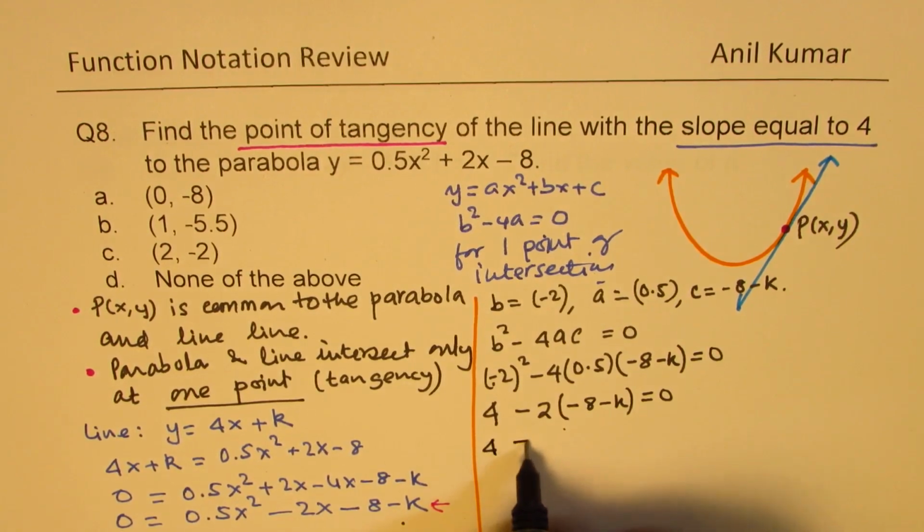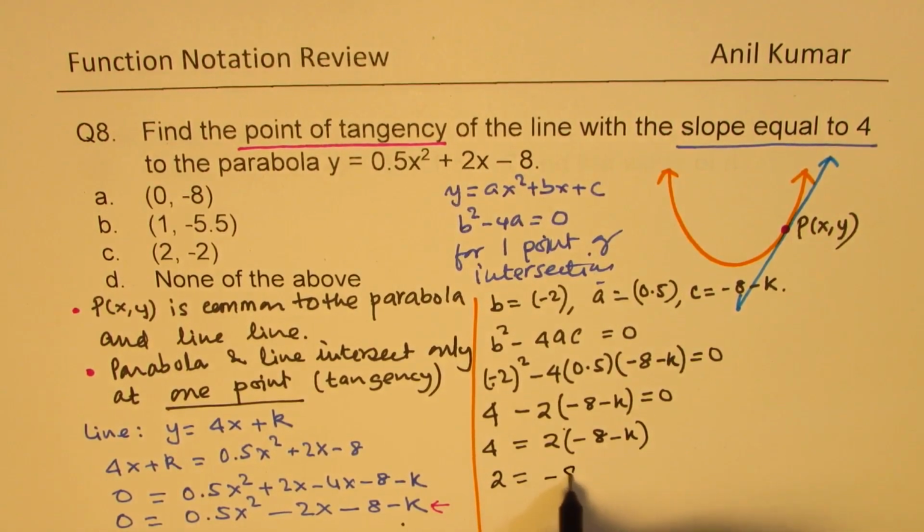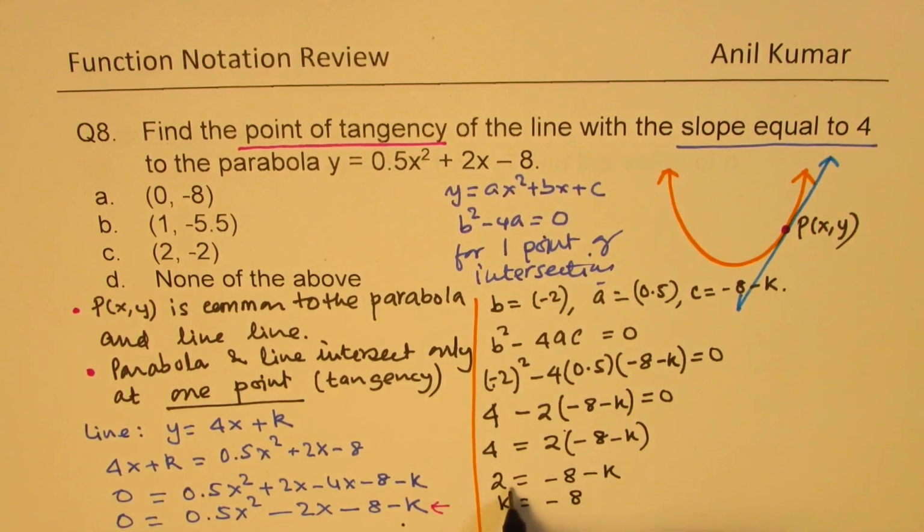So we have 4 equals 2 times minus 8 minus k. So 2 equals minus 8 minus k, and k will be equal to minus 8, and bringing down 2 to this side, we get minus 10, correct? So the value of k is minus 10.